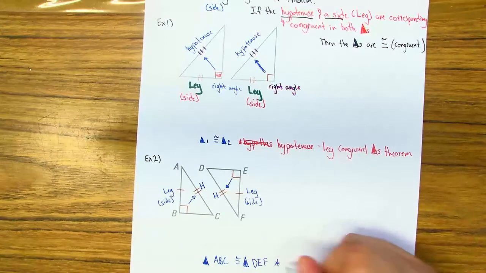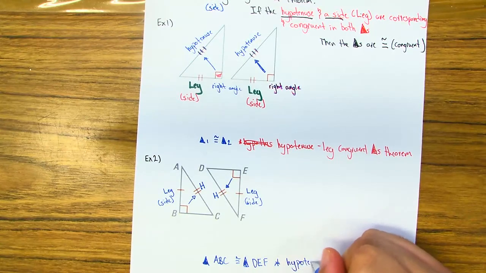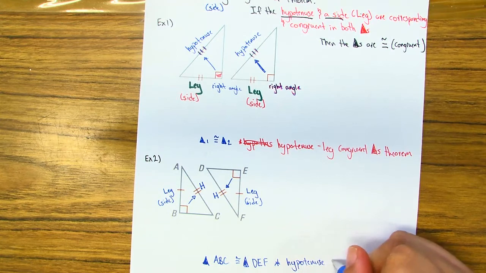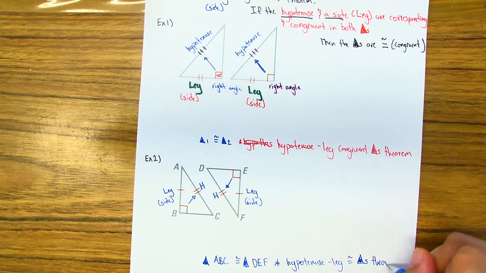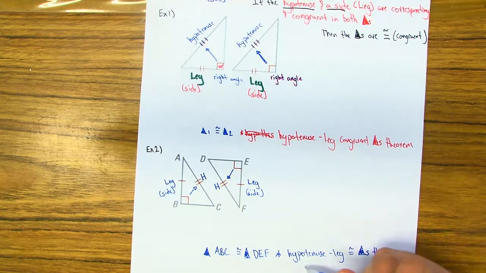They're congruent due to the hypotenuse-leg congruent triangles theorem. You can also use a shortcut for hypotenuse-leg, using HL. But once again, I like abbreviations.